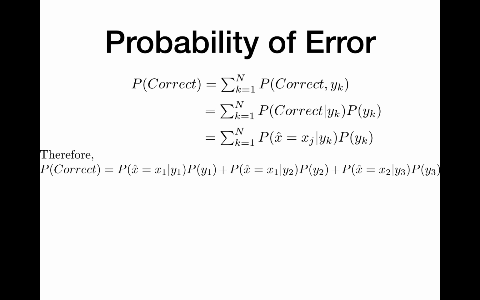When I'm calculating the probability of correct, I'm only taking those values of x in the conditional probability which gave me the optimum decision for the given value of y. So when I'm writing the probability of y1, I will write the probability of x1 given y1. When I'm writing the probability of y2, I will write the probability of x1 given y2.